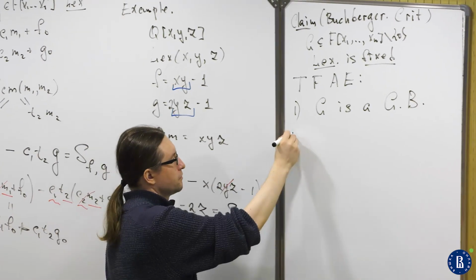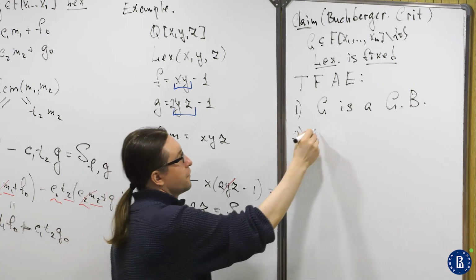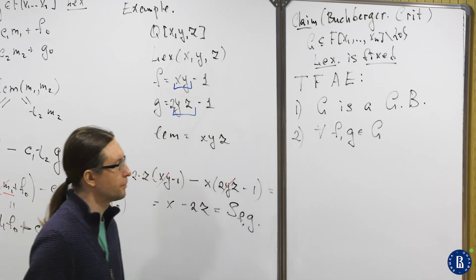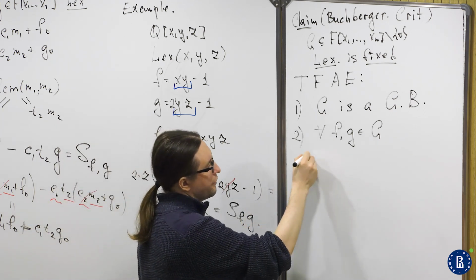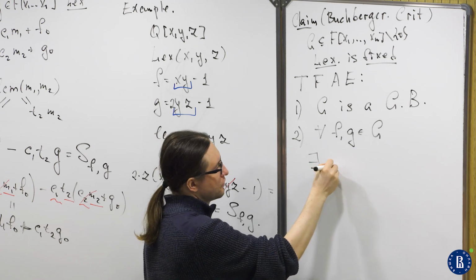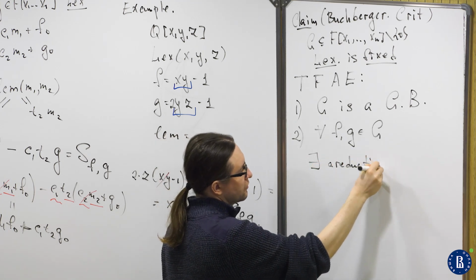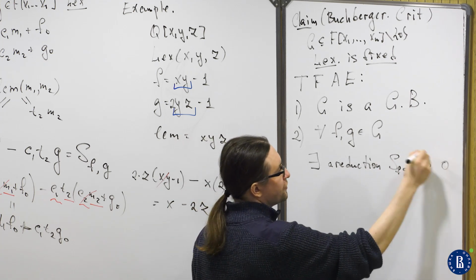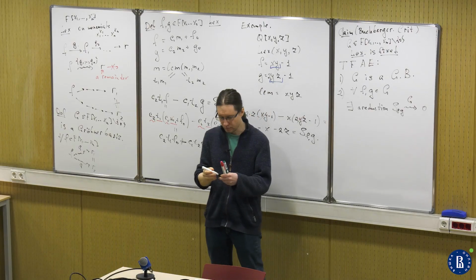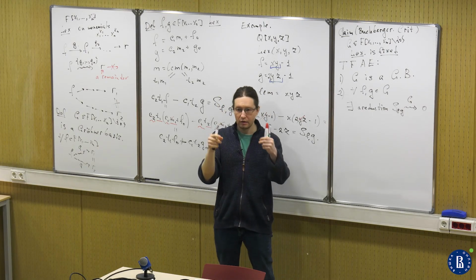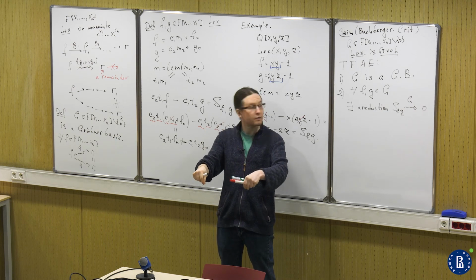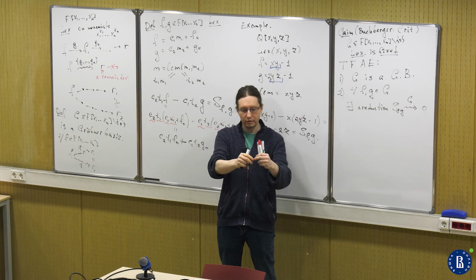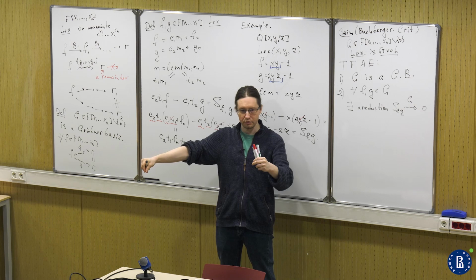Condition number 2: for every pair of polynomials from G, capital F and small g, there is a reduction of the corresponding S polynomial to 0 with respect to G. So if you take every pair of polynomials from G, you produce the corresponding S polynomial, you can find at least one way to reduce it to 0.